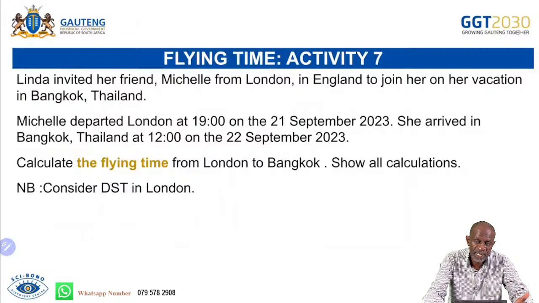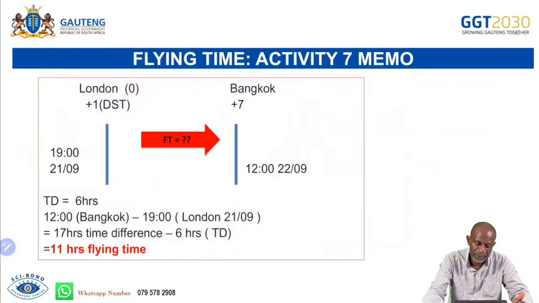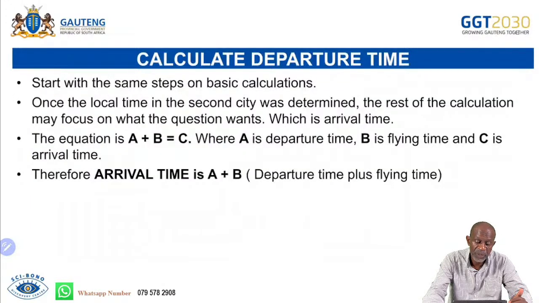This is the question. It was not put in a proper place. I think we have done this calculation already. Here is further the memorandum that indicates that the flying time was 11 hours, and if added, the flight will reach its destination at the time that we had alluded to.